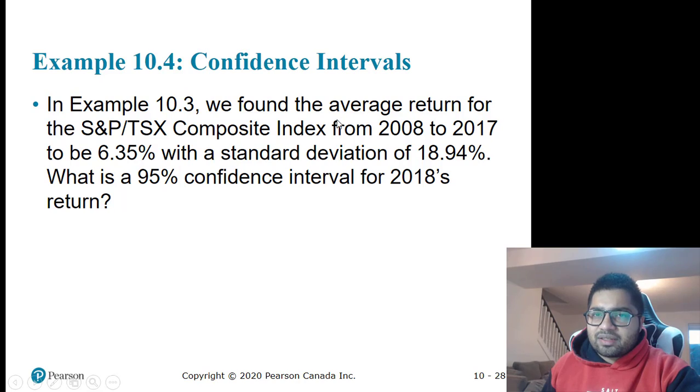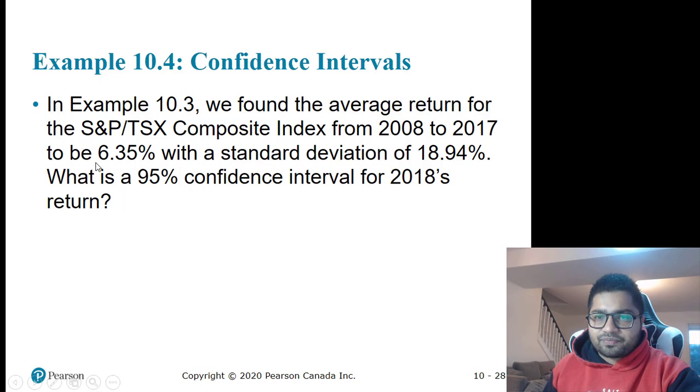We found that the average return of the TSX S&P composite index from 2008 to 2017 was 6.35% with a standard deviation of 18.94. With a 95% confidence interval, what would be the return for 2018? So how to find it out? Lower limit and upper limit.